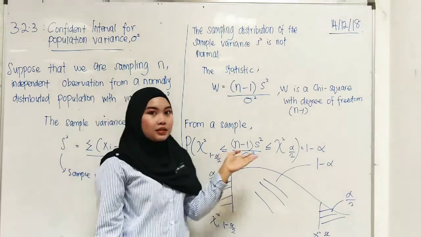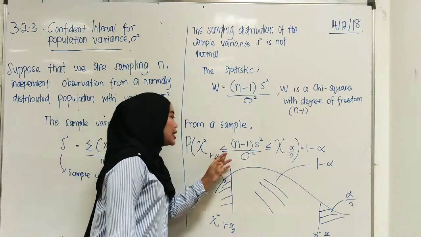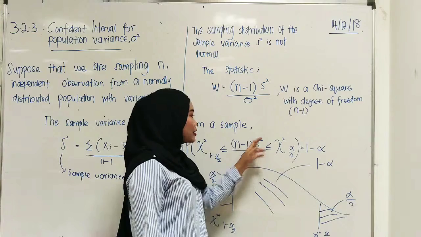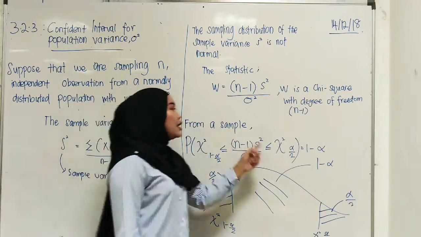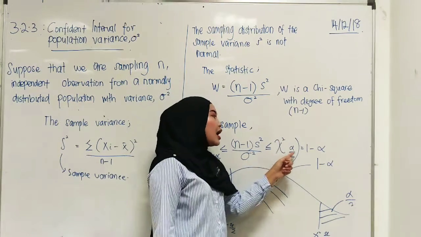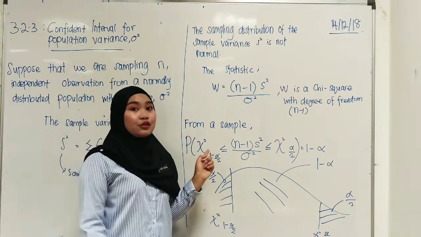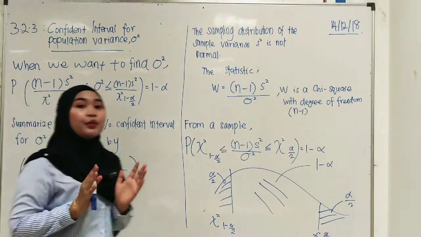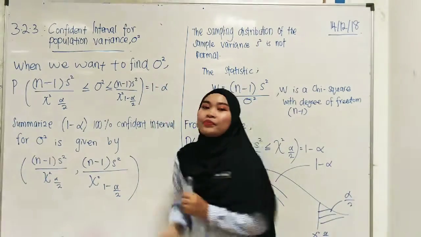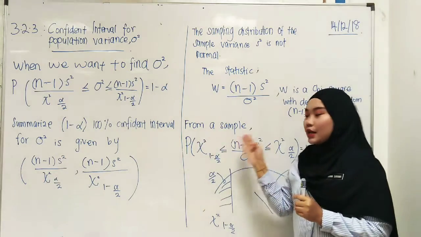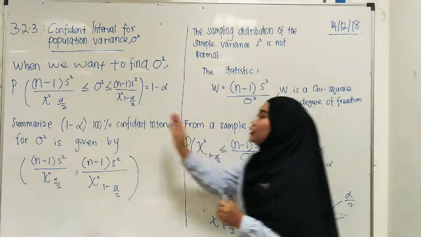So from a sample, we have chi-square 1 minus alpha over 2 less than n minus 1 S squared divided by sigma squared, which is less than the chi-square alpha over 2. And this value we can find in the chi-square table. As we know that we want to find the population variance, that is sigma squared, we just isolate the sigma squared in this equation.